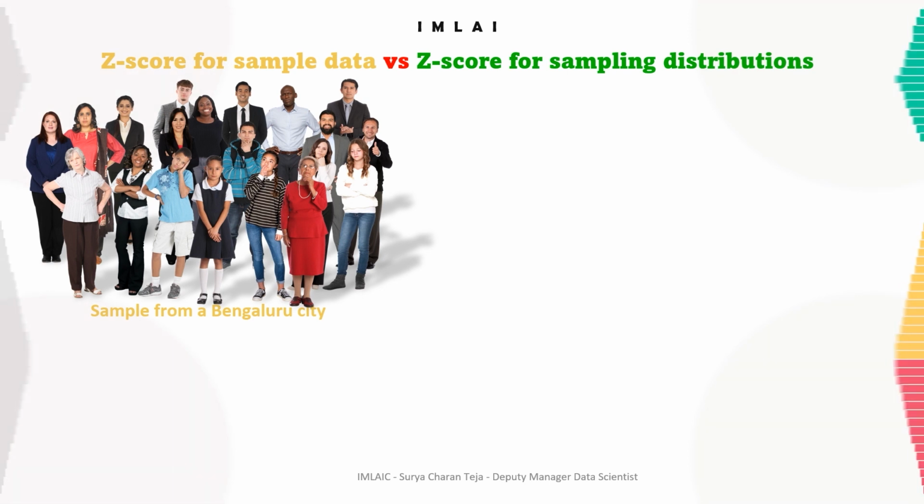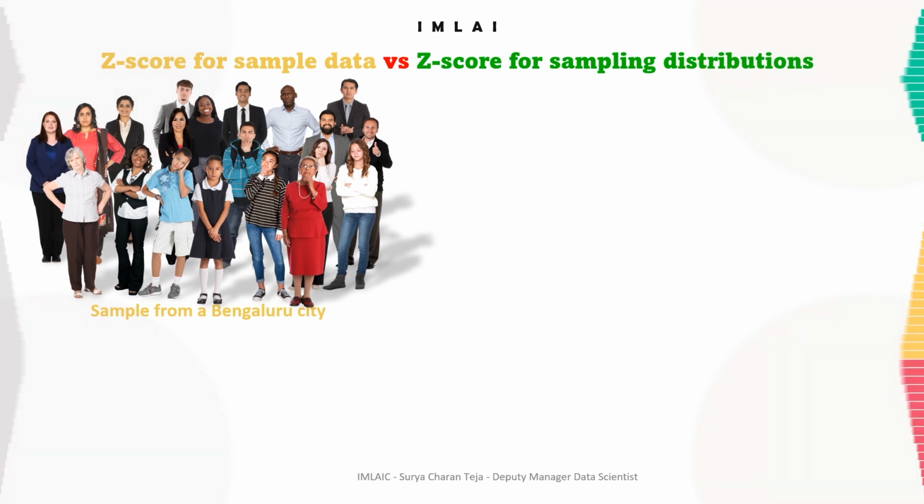Let's take the Bengaluru population, which is around 1000. From that, we have taken a sample of maybe 80. So what you see is a sample of people from Bengaluru city.